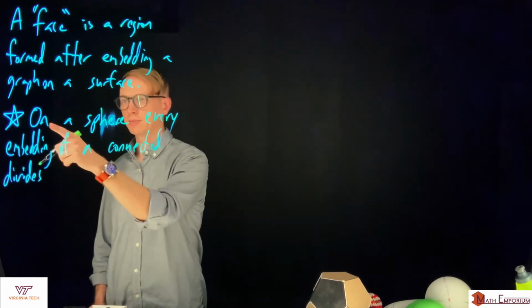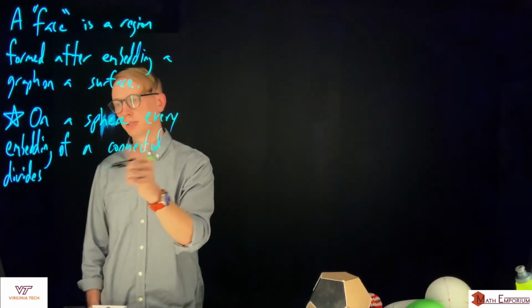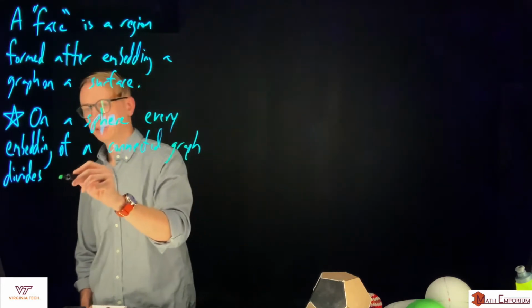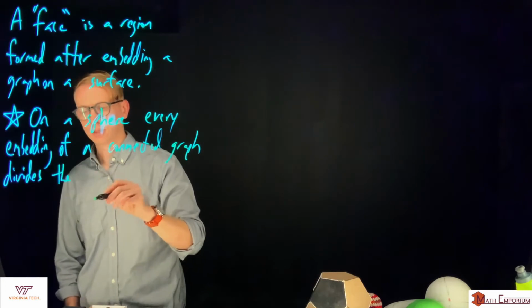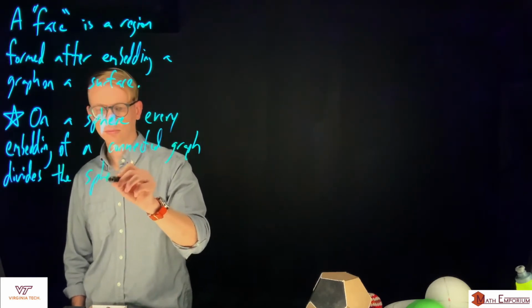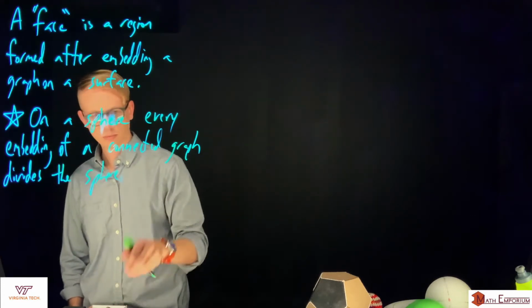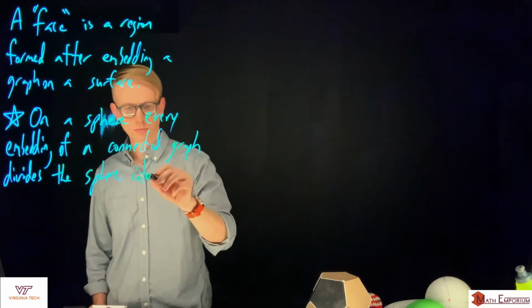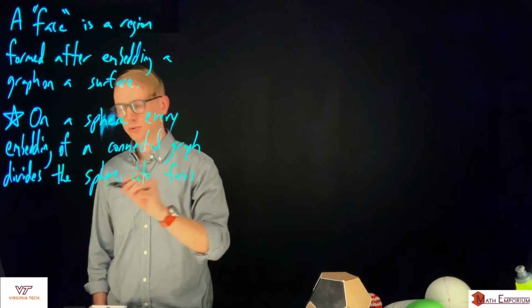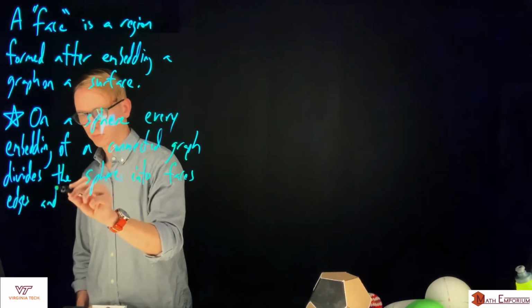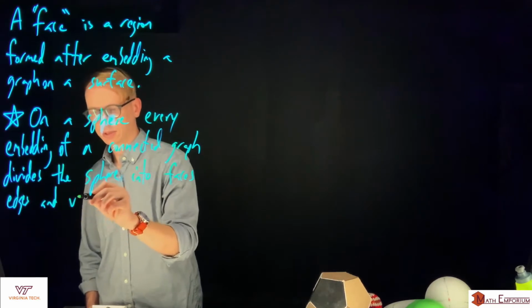So let me make sure the sentence makes sense. On a sphere, every embedding of a connected graph, oops, I'm missing a word, divides the sphere into faces, edges, and vertices.